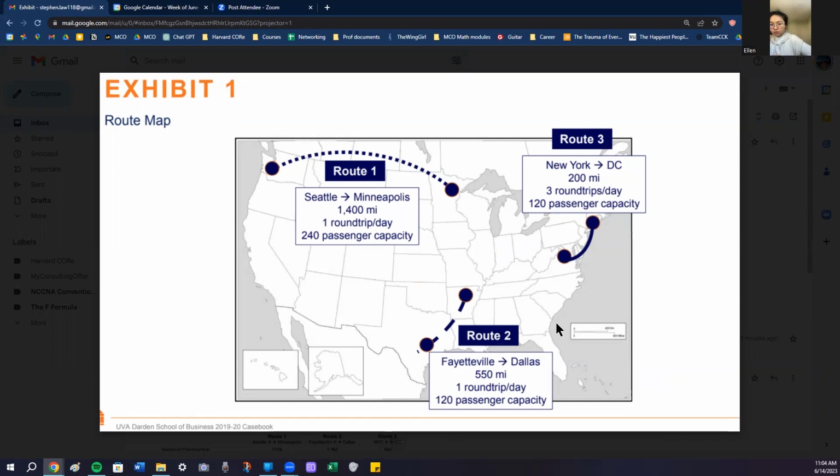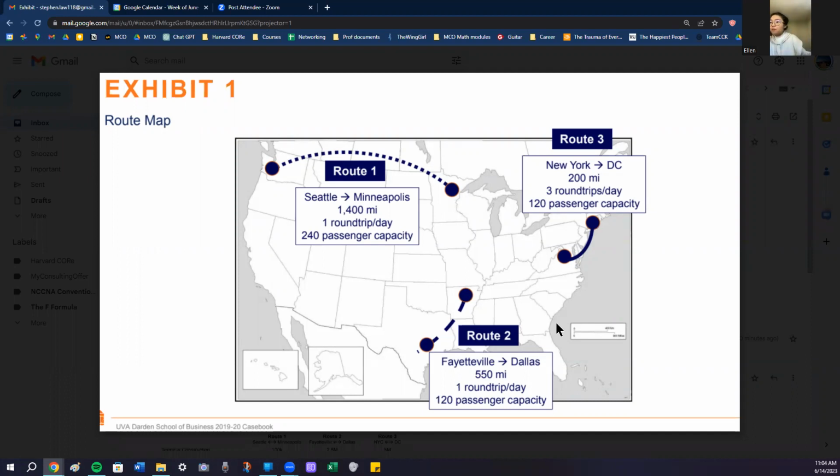And so ultimately multiplying that by 300 days per year traveled, the first route would be $1.8 million per year.